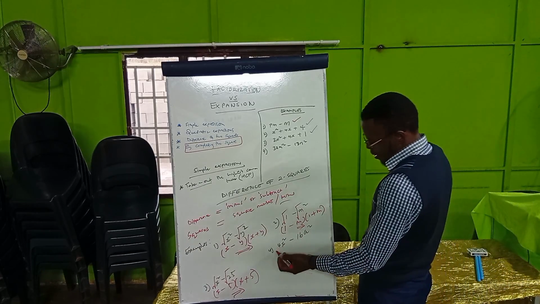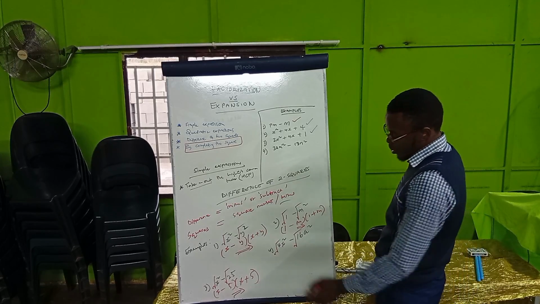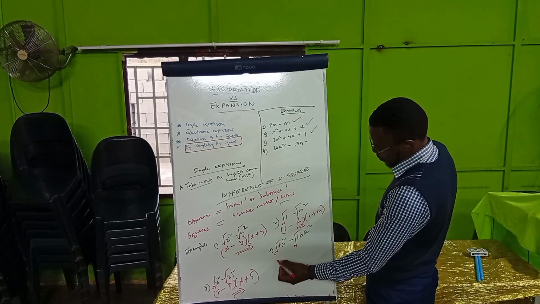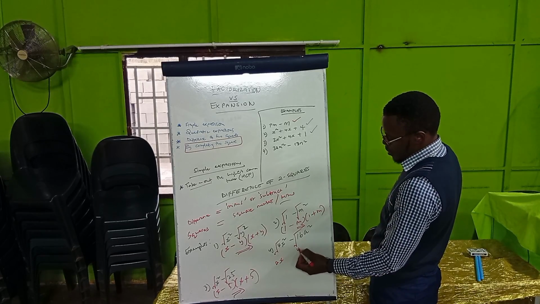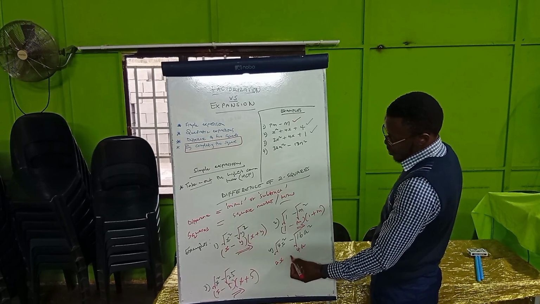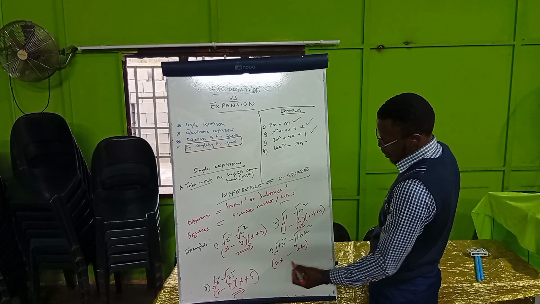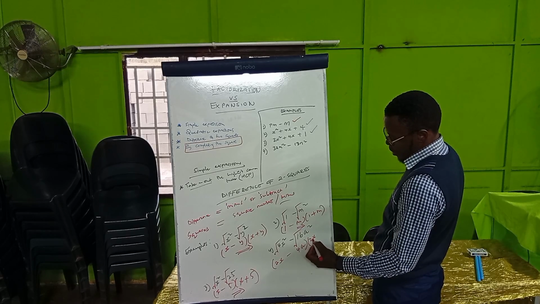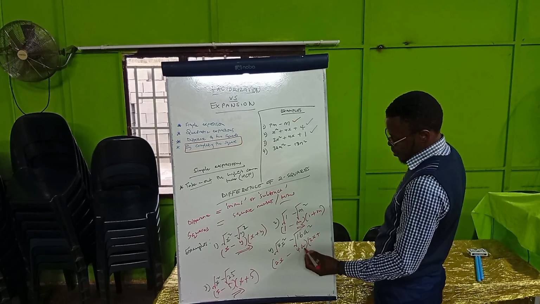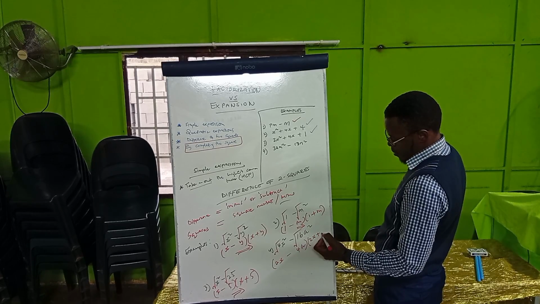So you can simply find the square root of that and the square root of that. So this will give us 2x and 4a. So minus like that, and then 2x plus 4a.